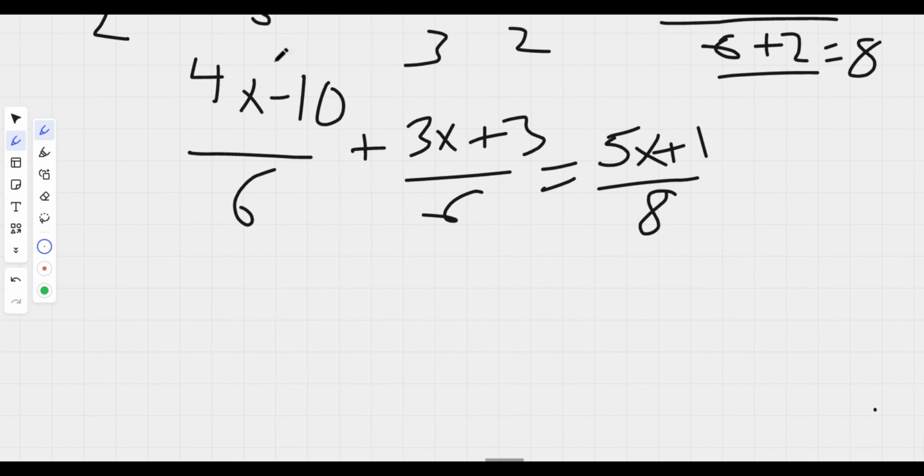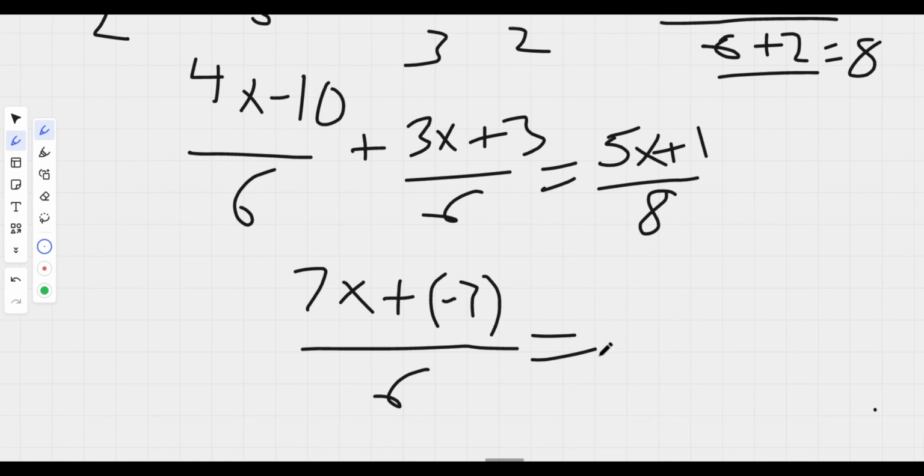Okay, so now we can just add this straight across. So 4x plus 3x is equal to 7x, and minus 10 plus 3 is equal to negative 7. And then this is just going to have 6 over it. And this is still going to be equal to 5x plus 1. But how are we going to simplify this further? Well, remember, when something is being divided by something, we can cancel that out by multiplying by the reciprocal.